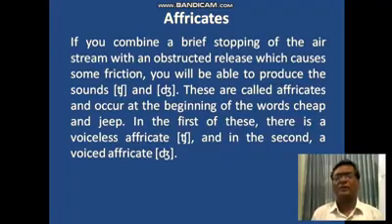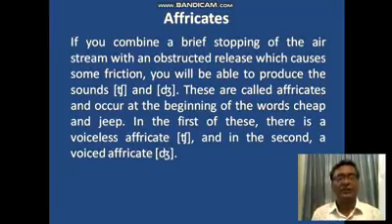You notice the difference between "p", "t", and "ch", because in the case of "p" and "t", you release the air, but in the case of "ch" and "j", you have to release the air facing a kind of obstacle. So these sounds are known as affricates.